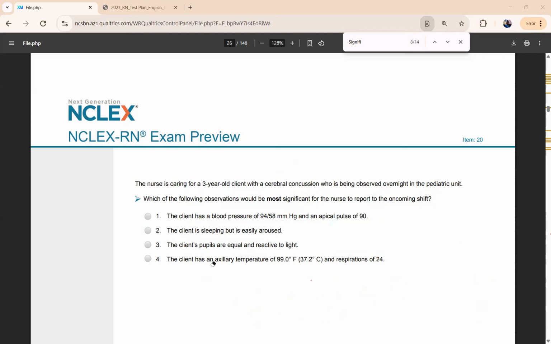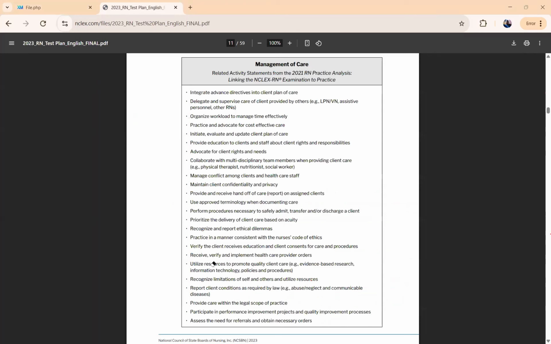Now since we are done with reports, documenting approved terminology. When you are trying to document, NCLEX will test you on different kinds of terminology to see if you know the right terminology to use.